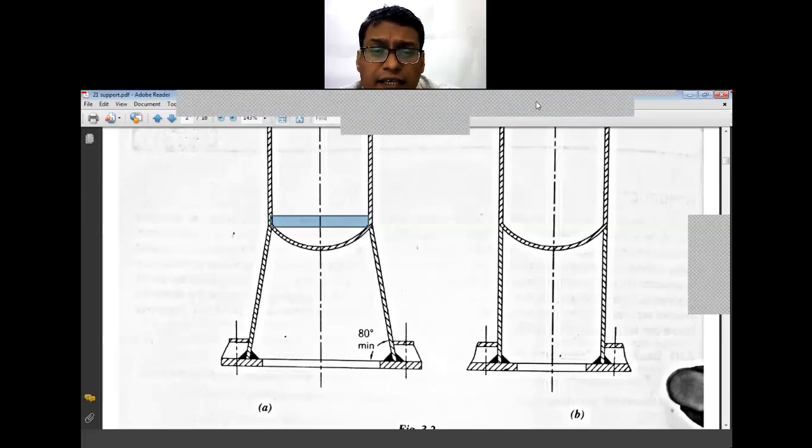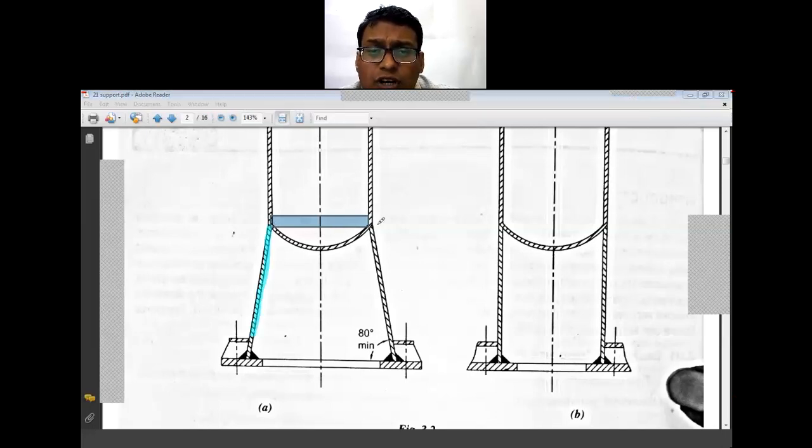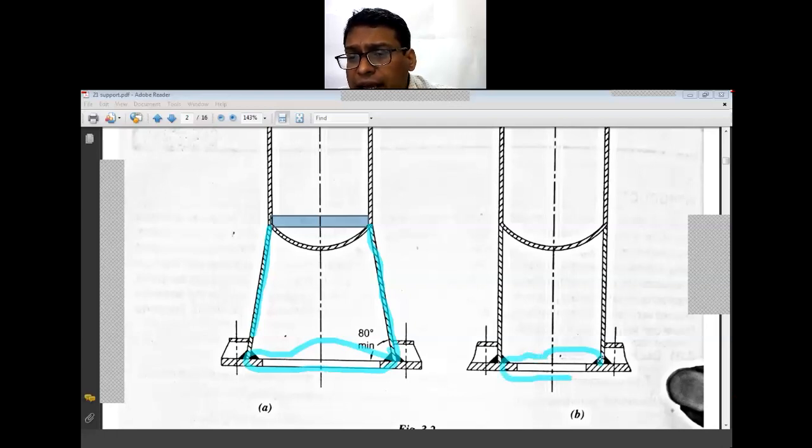In this case, the skirt has a somewhat higher diameter at the bottom, and this is the same diameter at the bottom. The diameter of the tank or the vessel is the same as the bottom diameter of the skirt, and it can be a higher diameter also at the bottom. So it is the parallel skirt and the expanding skirt, you can say.